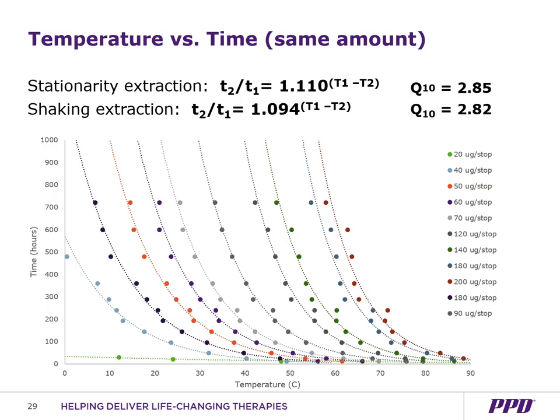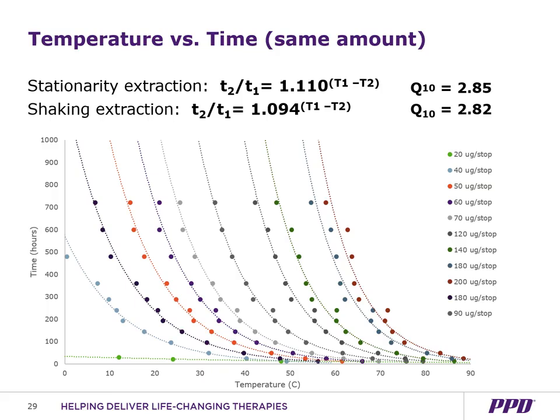We have both the stationary and shaking extraction equations, where you have T2, or the predicted duration, over T1, the reference time interval, equal to the constant 1.11 for stationary and 1.094 for shaken, raised to the power of T1 minus T2, or the reference temperature minus the accelerated temperature.